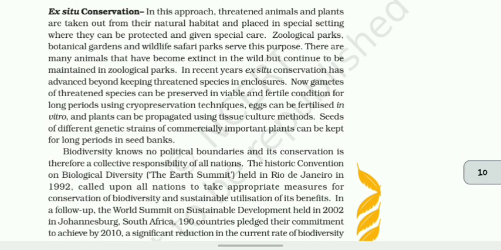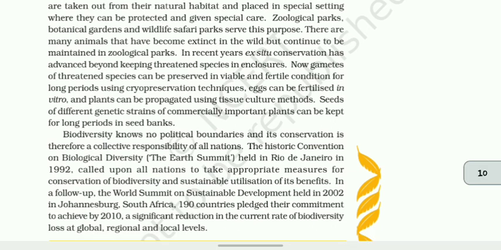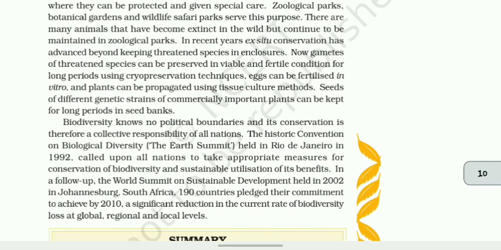Ex-situ conservation. In this approach, threatened animals and plants are taken out from their natural habitat and placed in special settings where they can be protected and given special care. Zoological parks, botanical gardens, and wildlife safari parks serve this purpose. There are many animals that have become extinct in the wild but continue to be maintained in zoological parks.